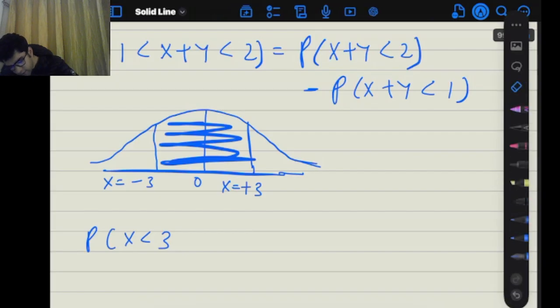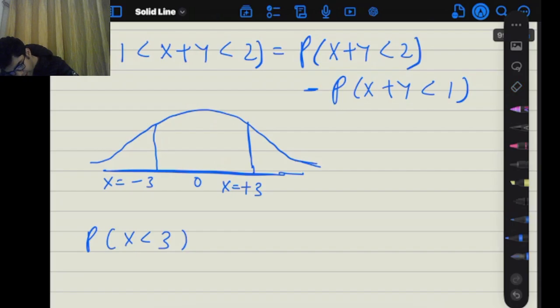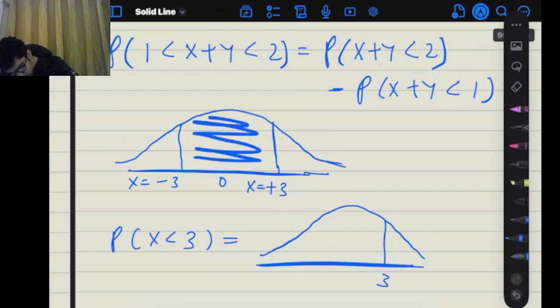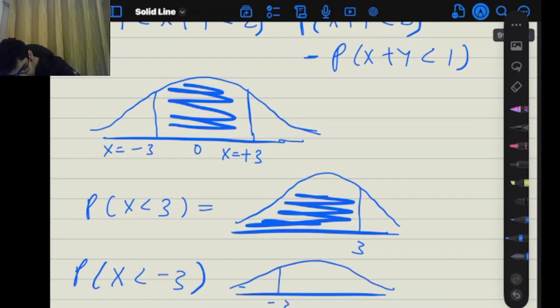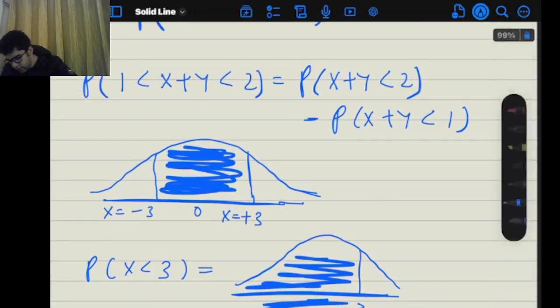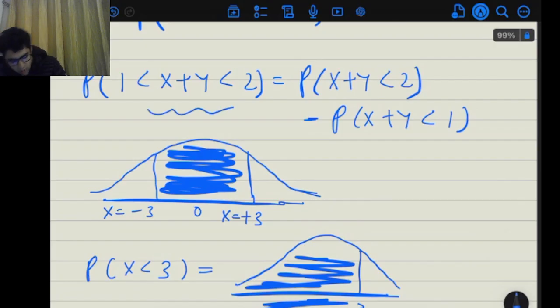The probability of x less than 3 is this whole area, and the probability of x less than -3 is this whole area. If you subtract this area from this whole area, you get the area of x lying between -3 and 3, and that is what we did here. To find the probability of x plus y lying between 1 and 2, we found the probability of x plus y less than 2 and subtracted the probability of x plus y less than 1 from it.